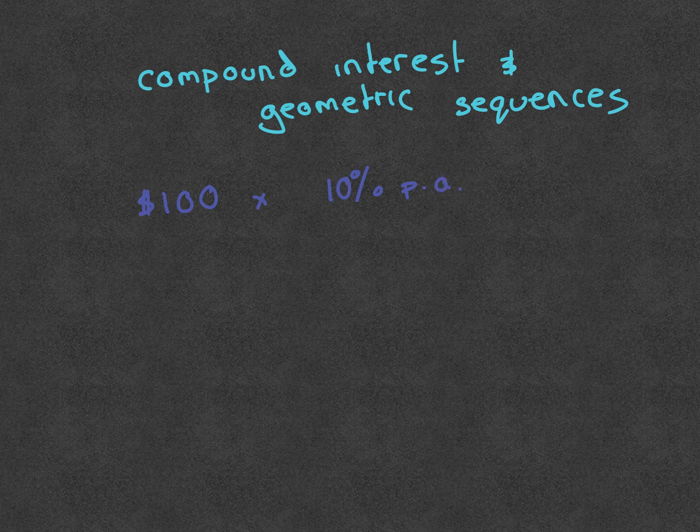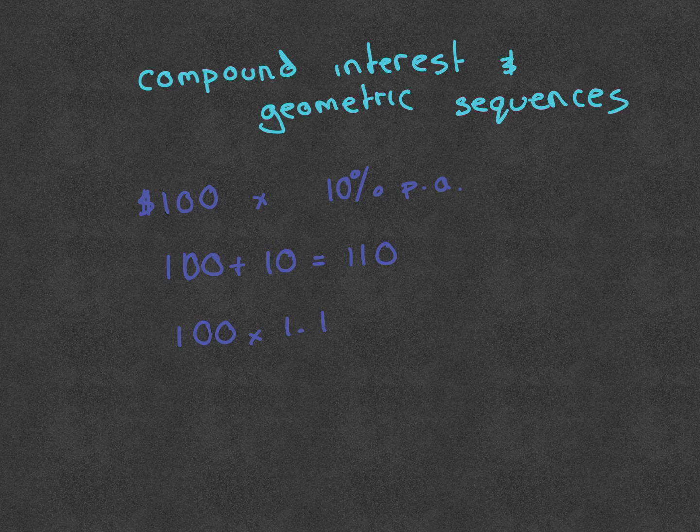By the end of the first year, we would have $100 plus the 10% of 100, which is another 10. So we would have $110. Now, if we look at the relationship between 100 and 110, the difference between these is we're multiplying it by 1.1.